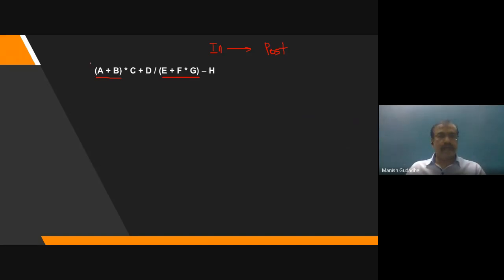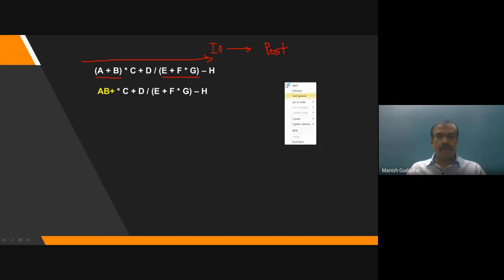As soon as I start scanning this expression, the first thing I get is the bracket. So the bracket needs to be executed, or resolved, first. So a plus b, and here is the bracket. So a plus b will become ab plus if it is converted to a postfix form.